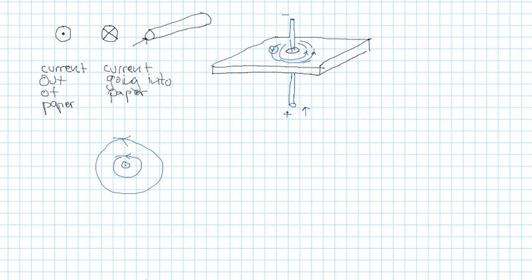An easy way of remembering this is what's called the right hand thumb rule.